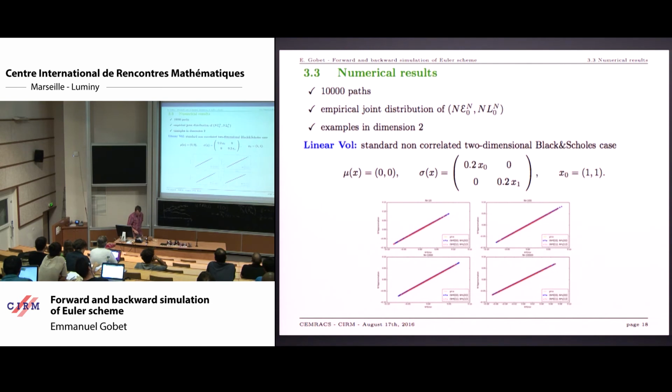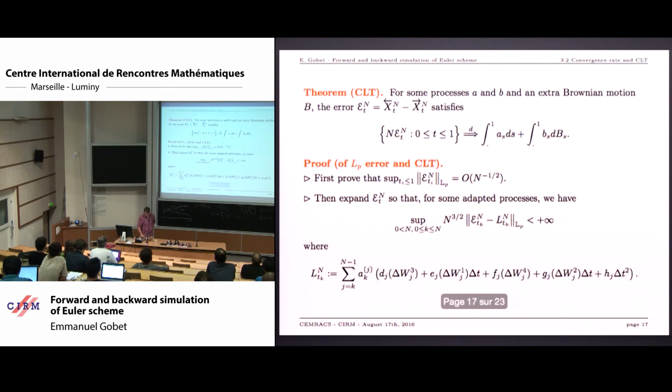So when we analyze all these errors, this is a bit cumbersome to write. There are some preliminary estimates, but essentially the trick is to identify that the main error term in this quantity is an explicit adapted quantity, which we call Ln.